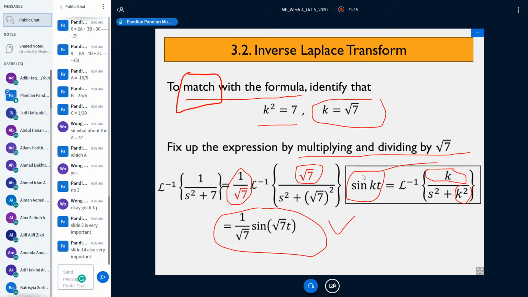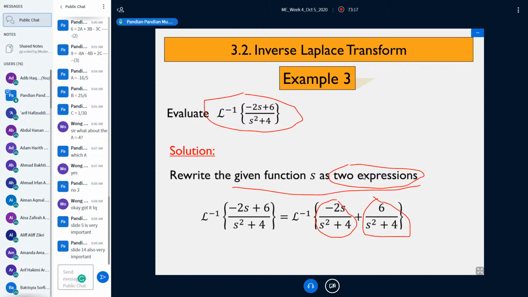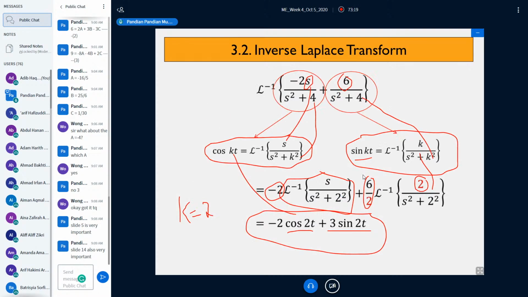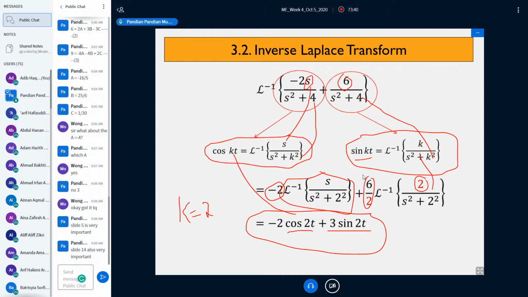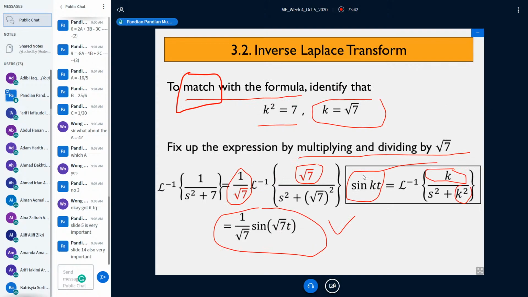This one is very simple. This one, especially example 5. So example 5 and example 4, of course, change this s must be small s, yeah? This is the s domain, small s. Okay, now we move on to another section, the next section.